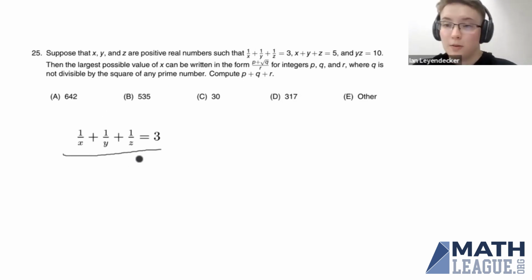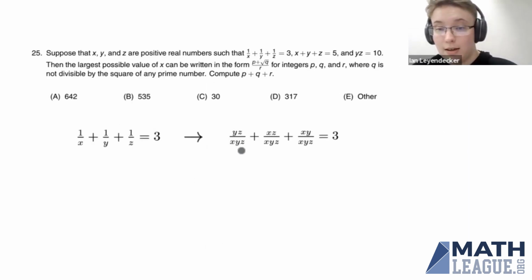Now you should notice that we can rewrite this as a sum of fractions with the same denominator. If we were to rewrite it, we're going to see yz over xyz plus xz over xyz plus xy over xyz equals 3.